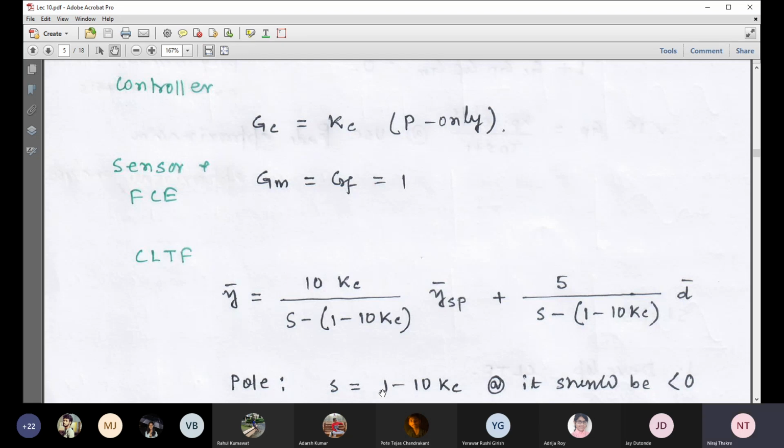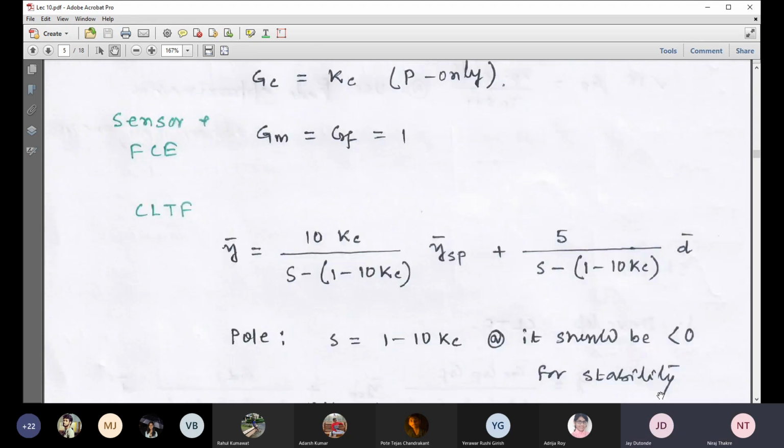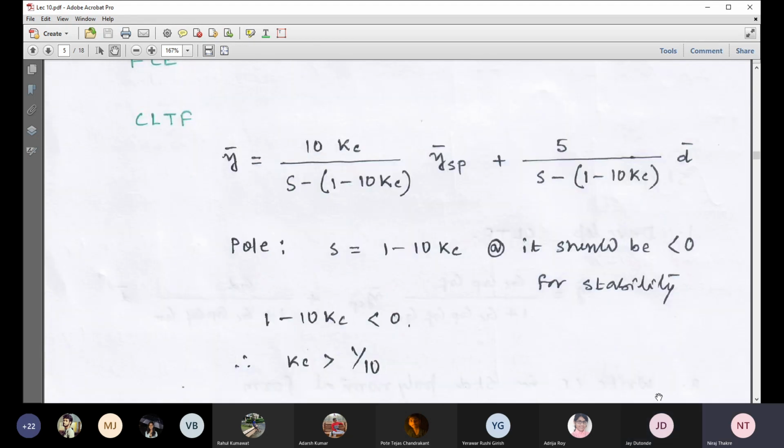So this is the pole, and it should be negative for stability. Student, can you tell me what should be the condition in terms of Kc for stability? Anyone? Kc greater than 0.1. Correct. So for stability, it must be greater than 1 by 10.